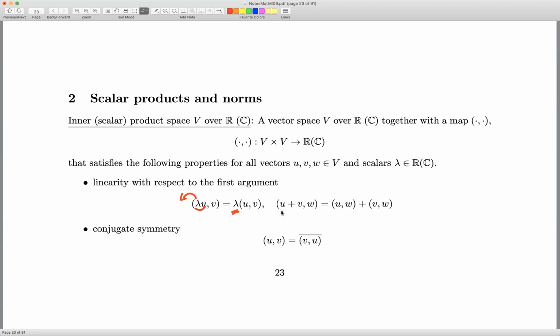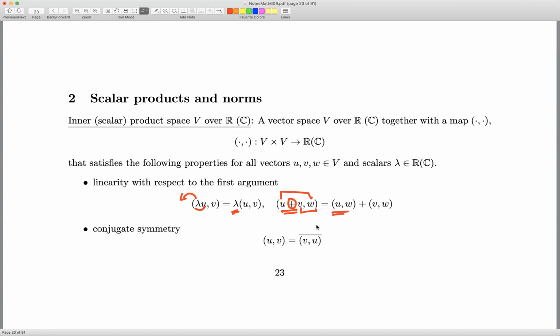And if we have a sum of two vectors in the first argument, inner product with w, then it can be split. So we have the inner product of u and w plus the inner product of v and w.